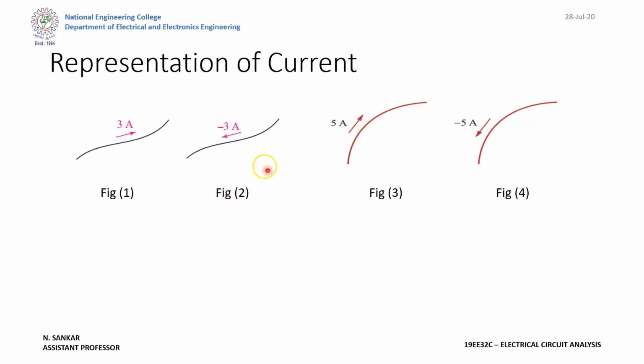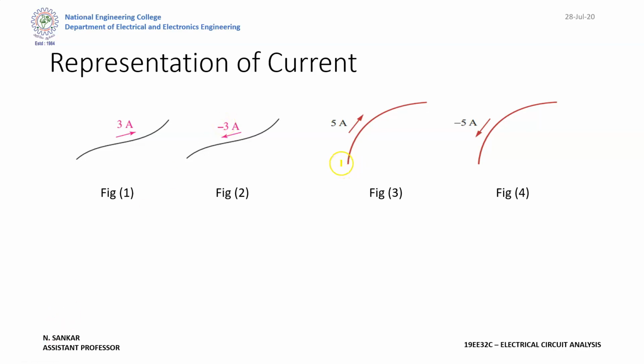If you take figure 2 and figure 4, the numerical value is the same. Here it is 3 and here also it is 3, but the polarity is different. Here it is positive, but here it is negative. The same current, which we said is moving from this point to this point, if represented in the opposite direction, will be represented as a negative value.